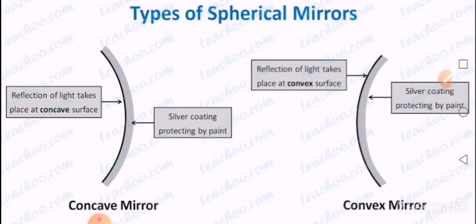How can you distinguish between a convex mirror, a concave mirror and a plane mirror without touching it? The first point is that if the image is upright, same size, and does not change its size whenever you move the mirror, it will be a plane mirror.